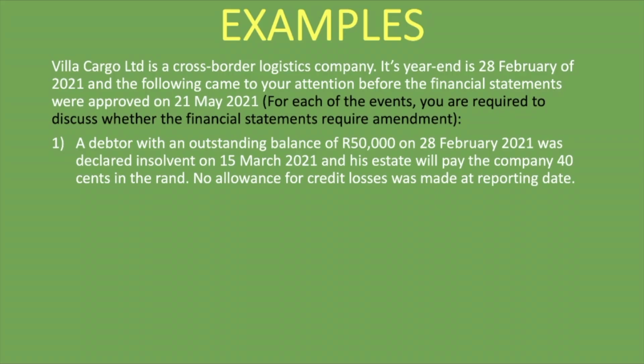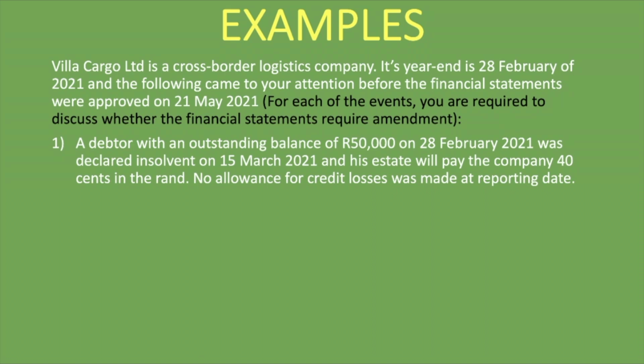So what do we have here? A debtor with an outstanding balance of 50,000 Rand on 28 February 2021. So obviously our year end is 28 February 2021, and the financial statements were approved on 21 May 2021. Okay, so we are dealing with everything that happens between those two dates. So on 15 March 2021, the debtor was declared insolvent.